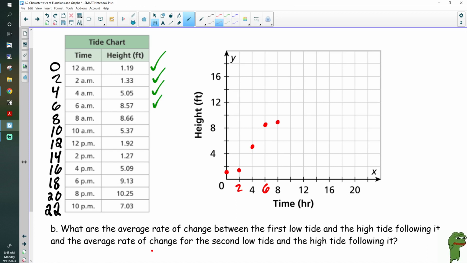A little bit higher than the last one. Again, doing our best. I lose track of stuff easily, so I'm going to put a check mark. At 10, we're back down to 5.37. 2, 4, up halfway. There's about where I'm going to be.